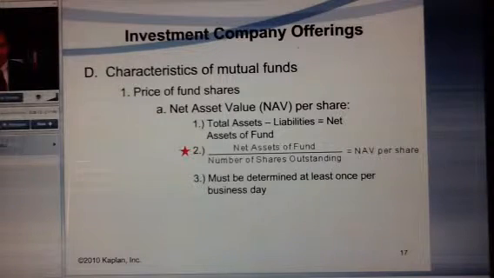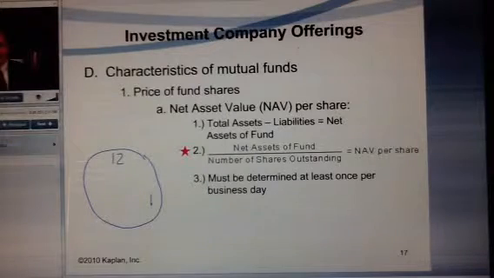Typically, those shares are going to be priced at 4 o'clock in the afternoon Eastern Time. It doesn't have to be 4 o'clock Eastern Time, but that's when the markets close, and that's a pretty good time to price the shares.